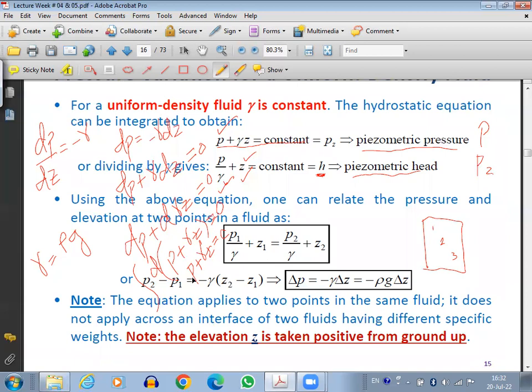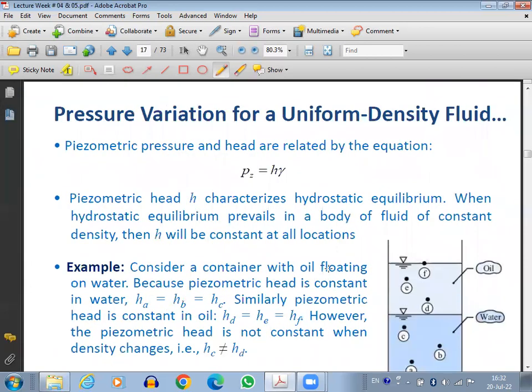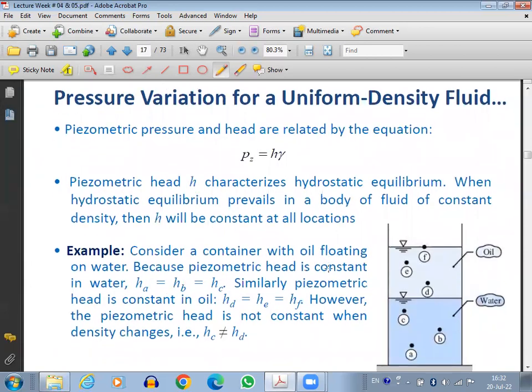So I can say that P2 minus P1 equals negative gamma times (Z2 minus Z1). It's just by using this equation. So far things are clear. So far it's easy.